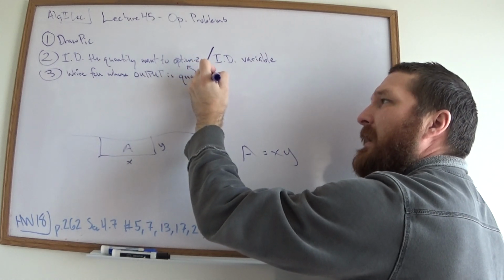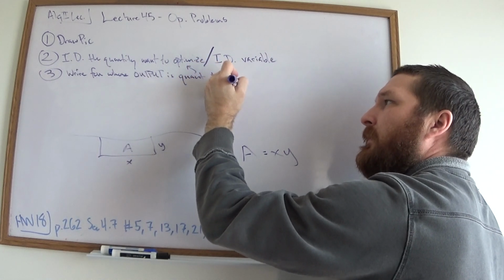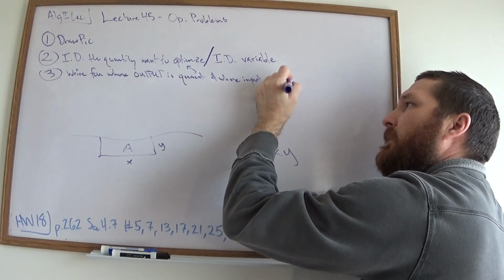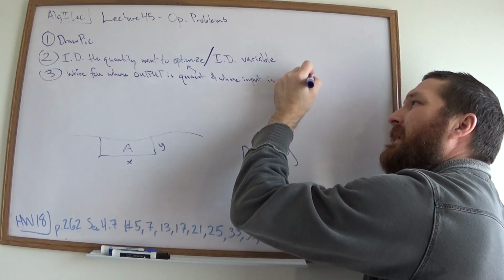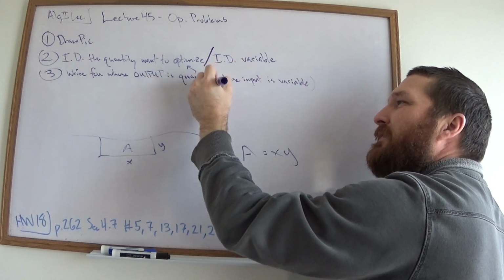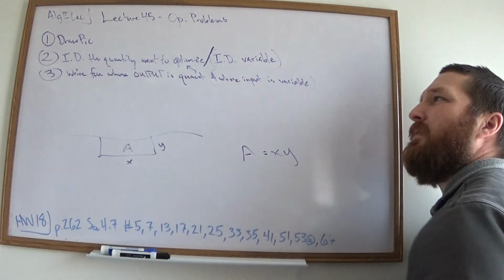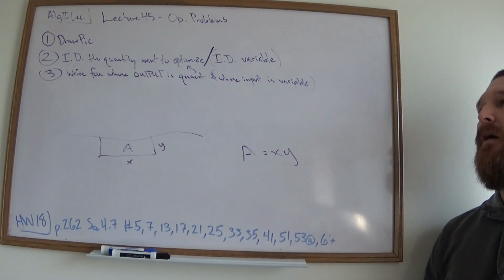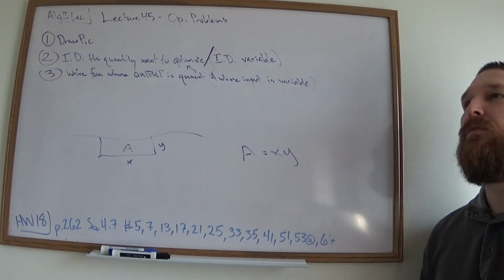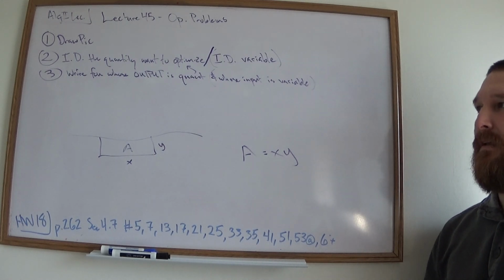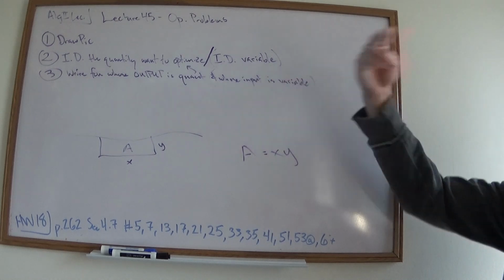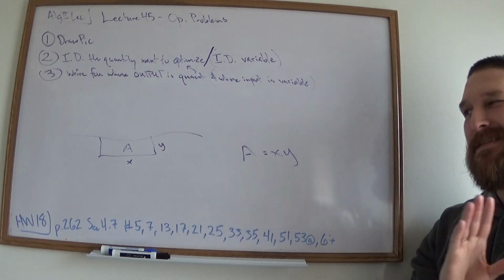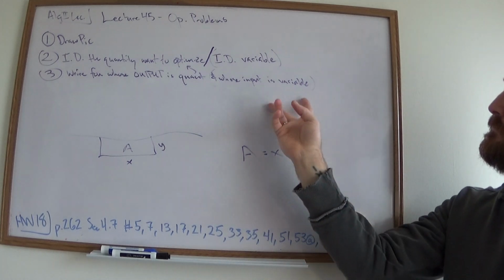And here I'm going to add, and whose input is the variable. These are kind of parenthetical, because certain problems will lend themselves easily to that, certain problems won't. The first one we do will lend itself to that very easily, and having it written like this, or having it in your head like this, will help, especially with this first problem, which is a doozy, okay?